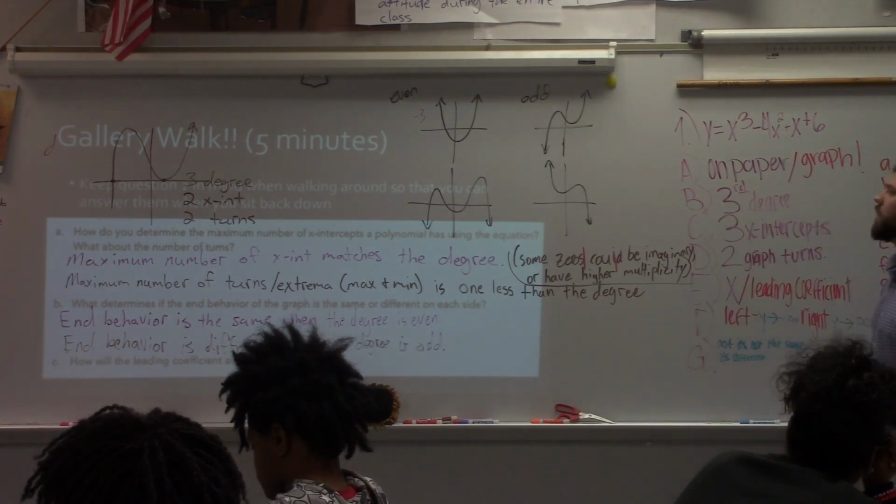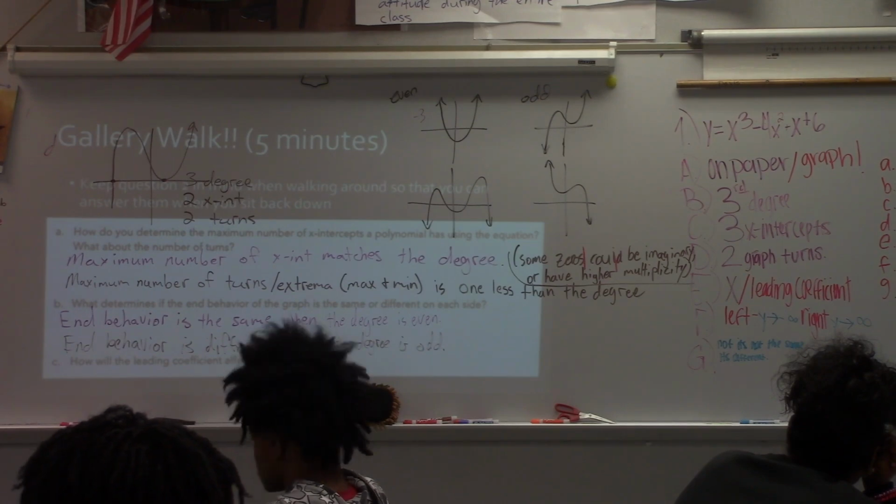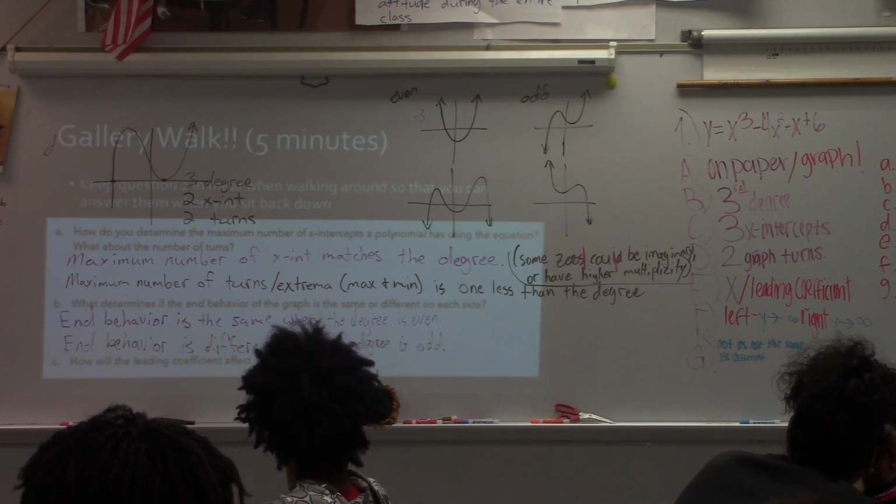So what determines whether with an even it's going up or if it's going down for that end behavior? Let's look together. So notice, y should be approaching infinity, that's going up here, and y approaches infinity.